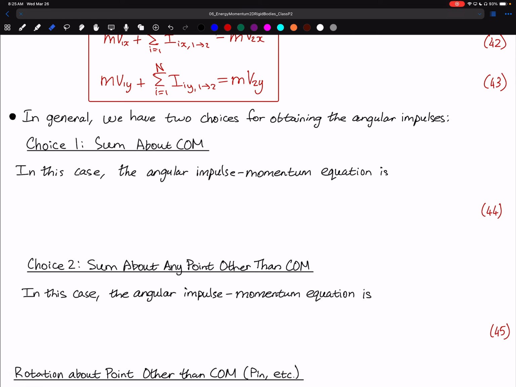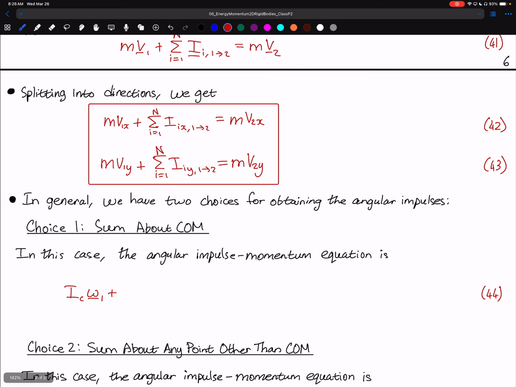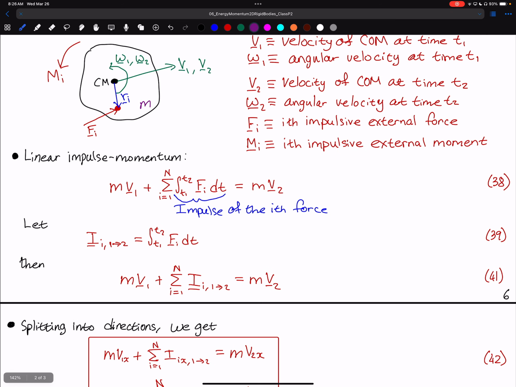In this case, our angular impulse momentum equation is simply going to end up being I sub c times omega 1 plus, and I guess we should come back up here. This rigid body has mass m and moment of inertia I sub c about the center of mass.